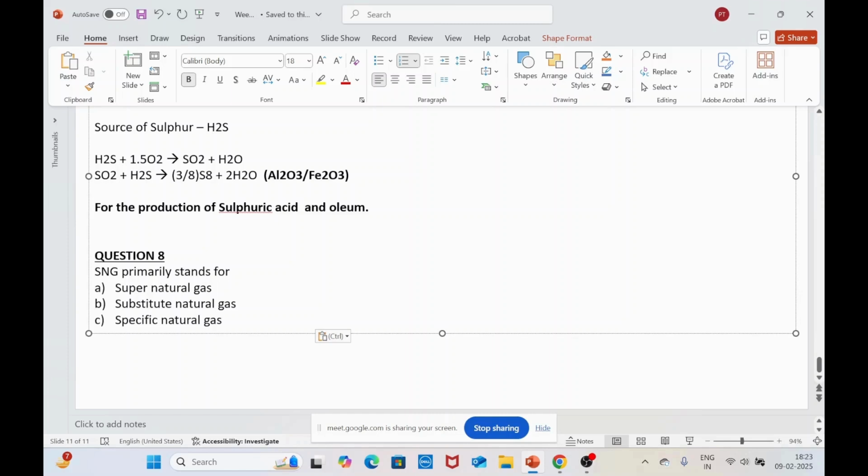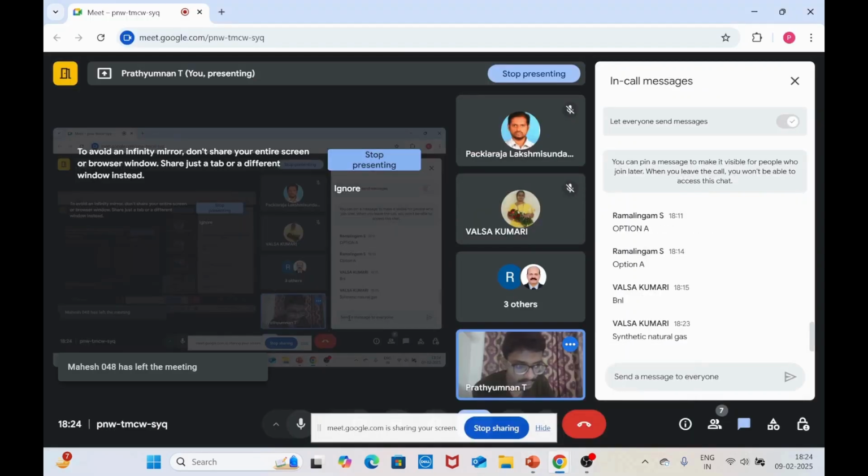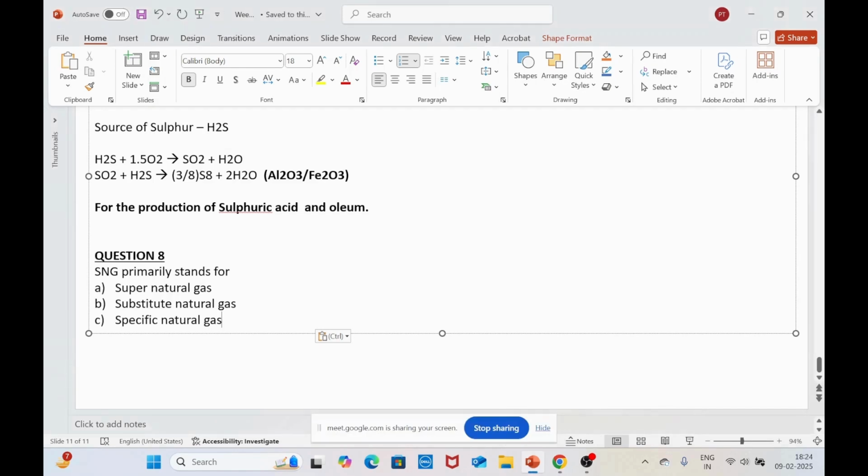SNG predominantly consists of methane. What is the full form of SNG? Synthetic natural gas. Again, you can say the substitute natural gas.